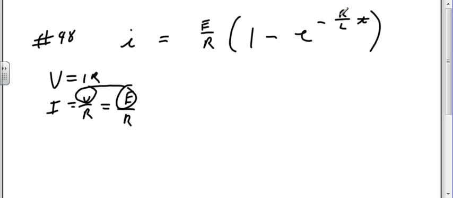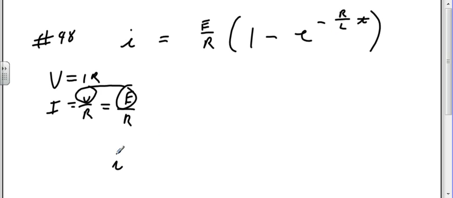So my time constant tau is R over L for an inductive circuit. So this is an inductive circuit. And amps are in I, voltage is E, ohms are resistance, time, and L is in Henry. Okay, find I when the voltage is 12.